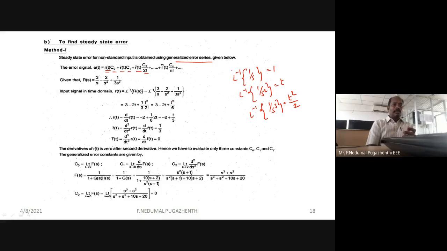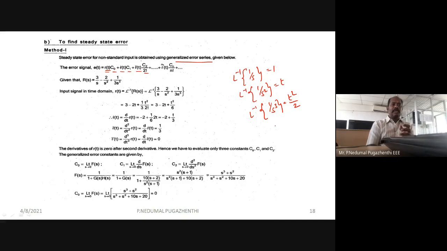So I substitute all these inverses here. These numbers will come out. First, 3 by s: 3 comes out, and 1 by s is 1. Minus 2 stays as it is, and from 1 by s squared you get t. Then 1 by 3 is a number which again stays the same. And 1 by s cube can be written as t squared by 2 factorial.